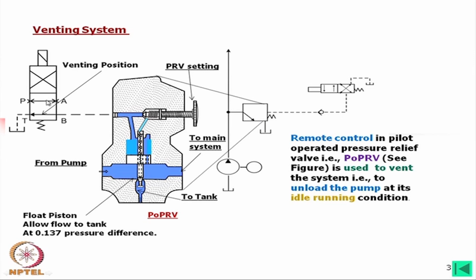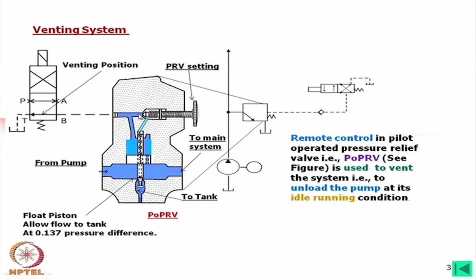Now, what happens? Let us consider it is initially closed. Then the oil is flowing through this, oil is also coming this side, this point is closed, that means oil cannot go this side, there is no flow. There is a setting pressure, this is the pressure relief setting pressure, say 10 megapascals. So, first thing that will happen: when the pressure in the system exceeds 10 megapascals, this will open.